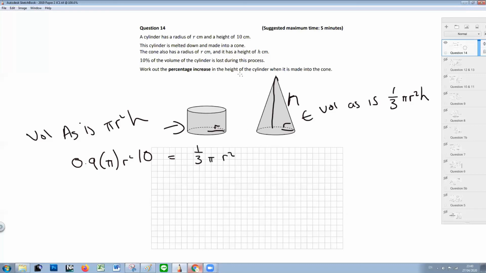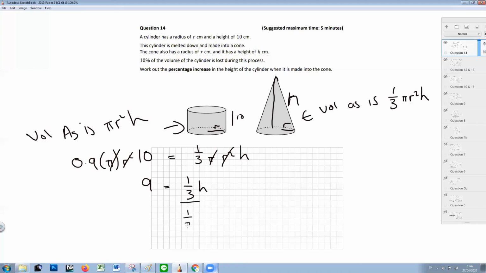And I don't know my h of this, because I know the height of this is 10, but I don't know the height of this. So that is going to cancel with that, so both sides are going to go. It's going to end up with 9 is equal to a third h.